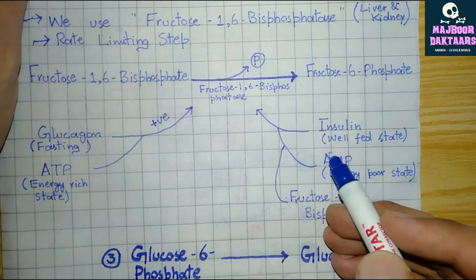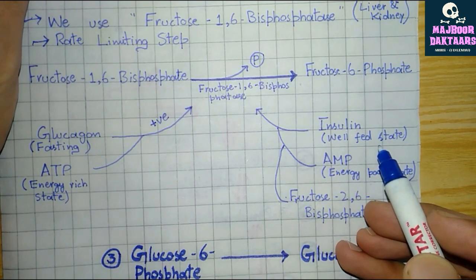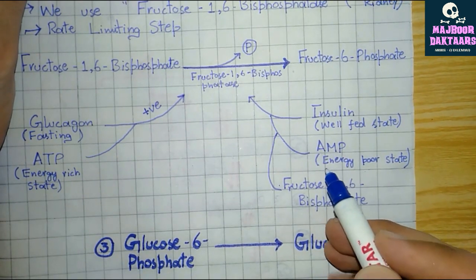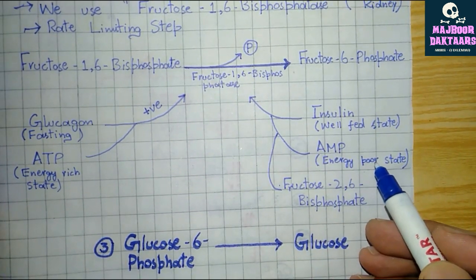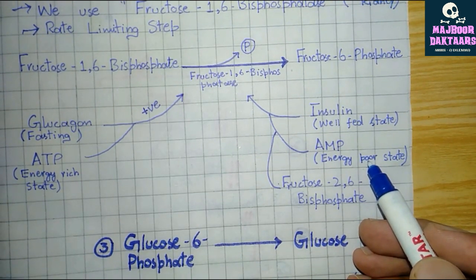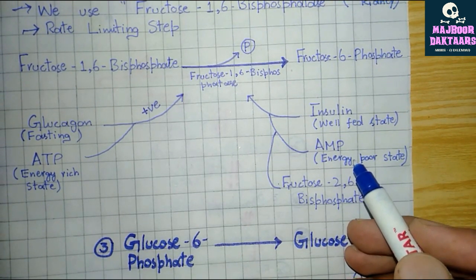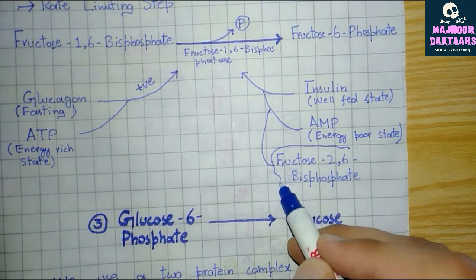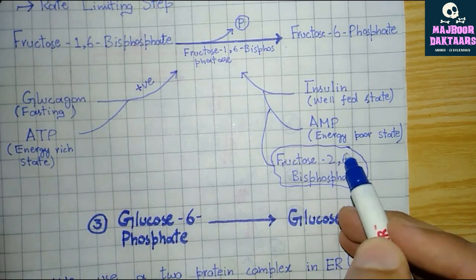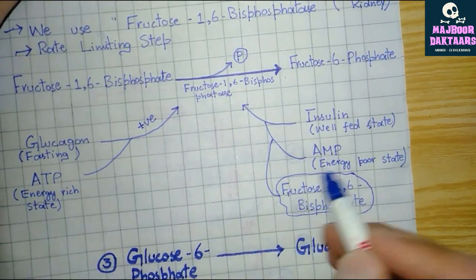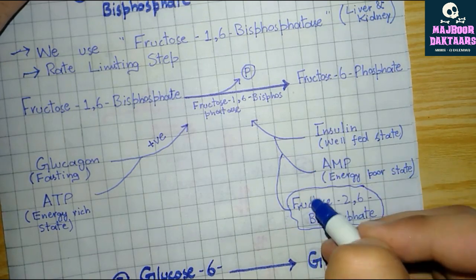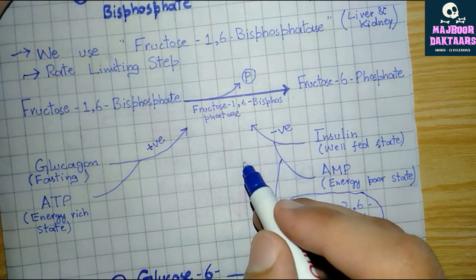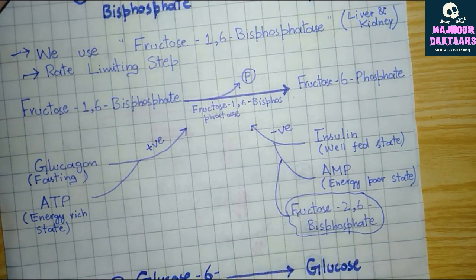While insulin, which is produced in the well-fed state, when gluconeogenesis does not occur, and AMP, which indicates the energy poor state, and another special thing, that is fructose 2,6-bisphosphate, a very special factor of regulation, all three of these cause a negative effect on fructose 1,6-bisphosphatase, diminishing its abilities.